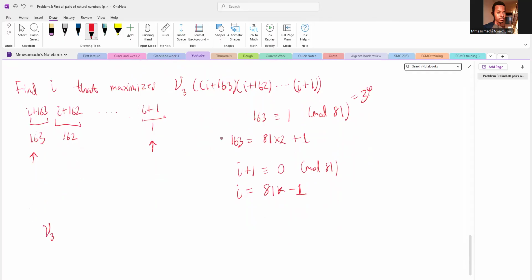I'm going to write this from the back: the PID value of i plus 1, i plus 2, up to i plus 163, when we plug in i equals 81k minus 1. We want to maximize for k. Remember, when we get the maximum i, we also get the maximum k. So we want to solve for this: 81k, 81k plus 1, up to 81k plus 162.